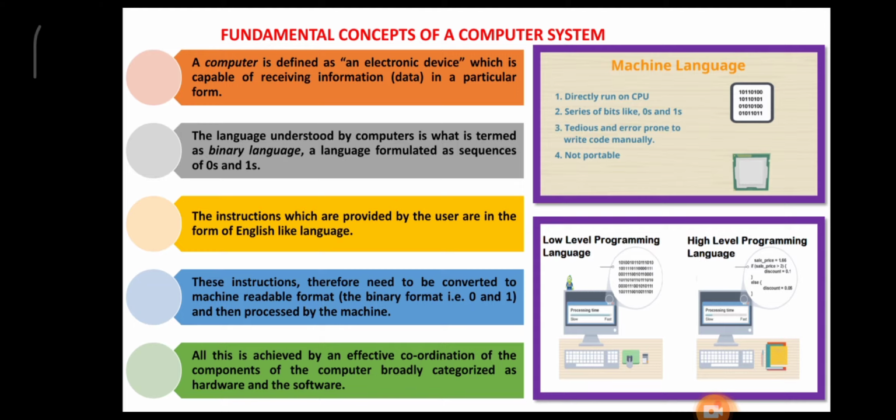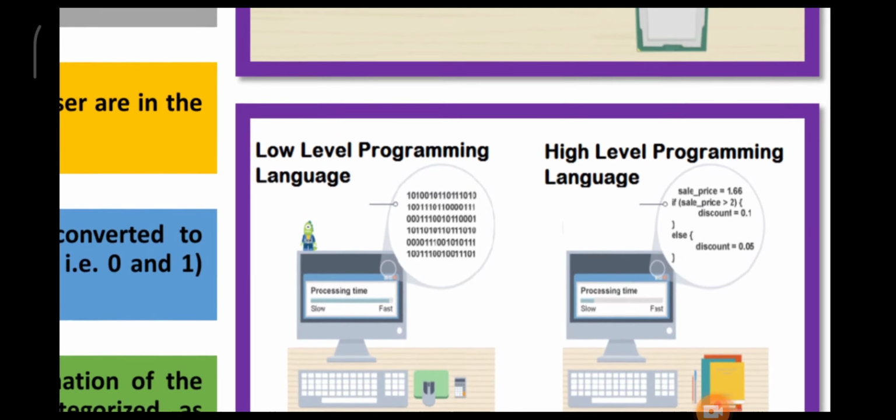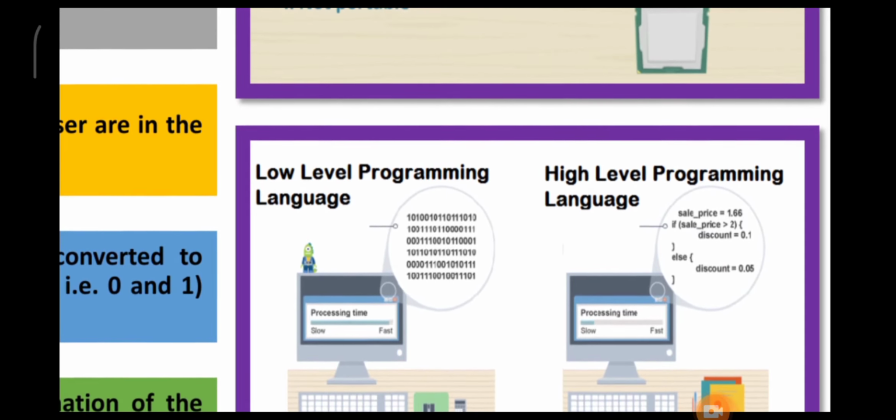Let me move on to the third point. The instructions which are provided by the user are in the form of English-like language. You can see on the right hand side, the second one here. Here, a program is written. Some sales price, some number is given.